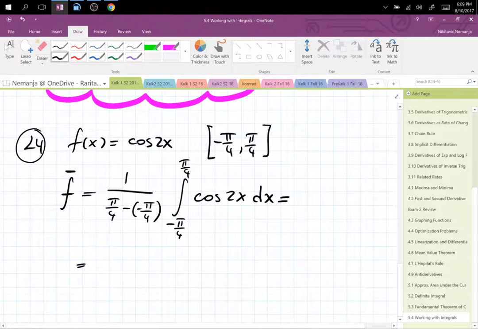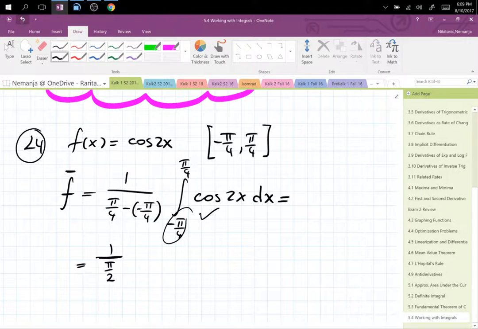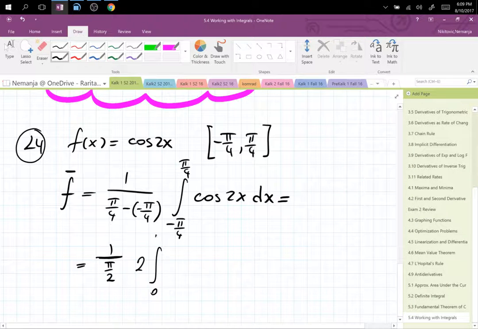So when we are computing this, we have 1 over pi over 2, right? And what do we know here? An even function on a symmetric interval means we can use the trick from before: 2 times the integral from 0 to pi over 4 of cosine 2x dx.